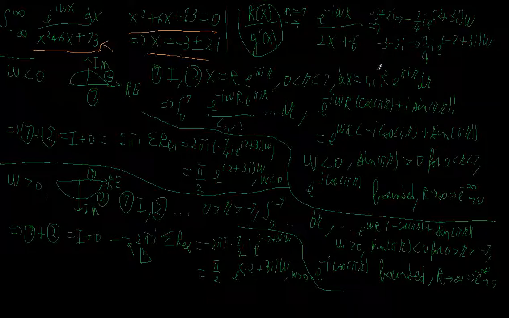Yes, so now I need again to be careful about the sign of omega, if omega is negative and if omega is positive. If omega is negative, again, as said in the last videos, we need to have a contour along the half circle in the upper half plane.